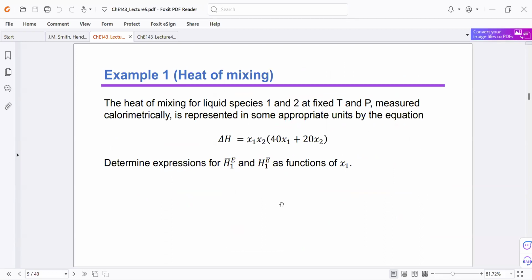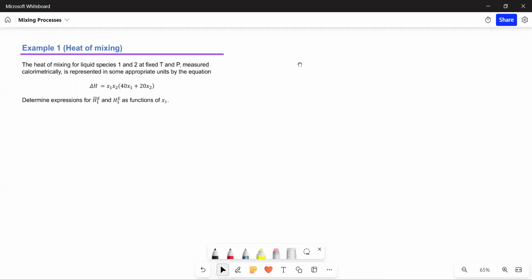Okay, the next slide is an example for heat of mixing. So I will now open the whiteboard. Okay. So first, let's read the problem.